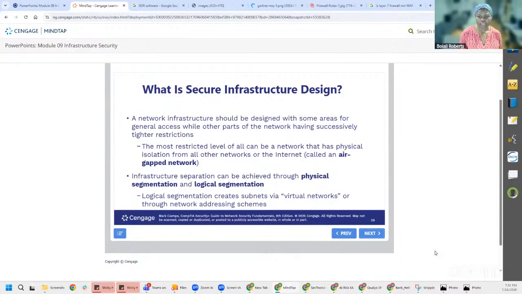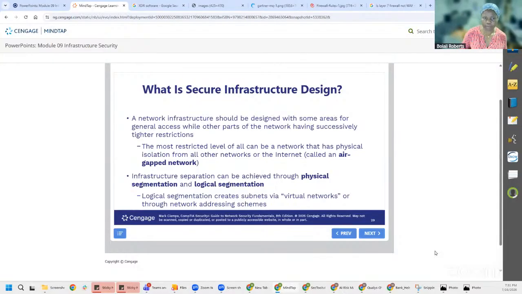Why? Because critical infrastructure has zero tolerance for downtime, so it doesn't get patched or upgraded all the time. You can find legacy operating systems in the critical infrastructure environment. You don't want to expose all of that to the internet, so you air gap that network.